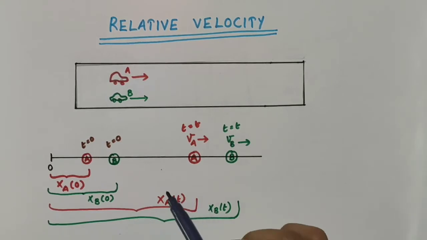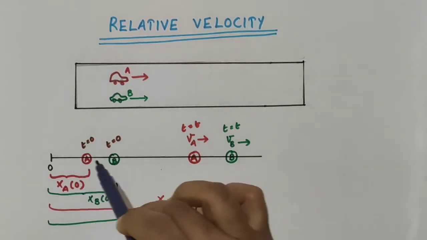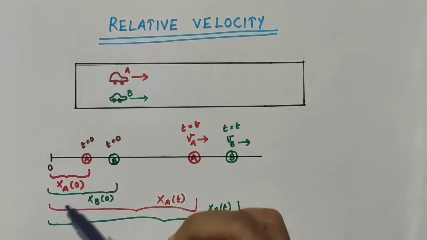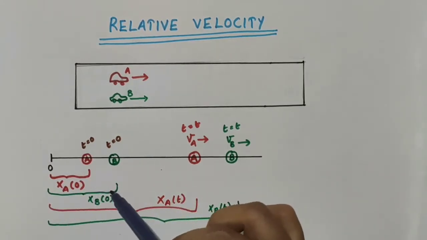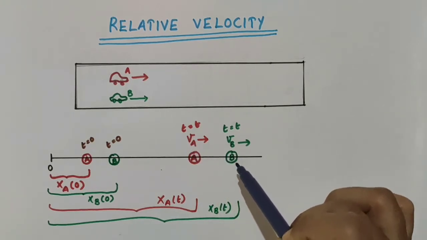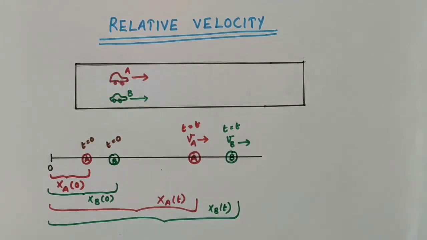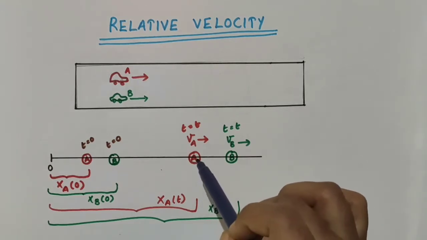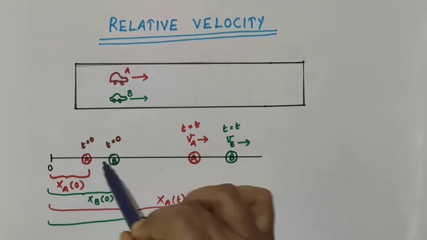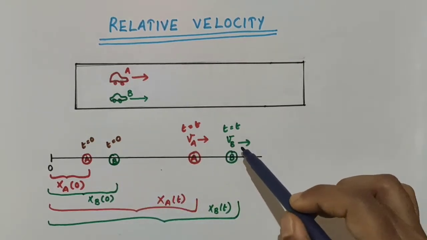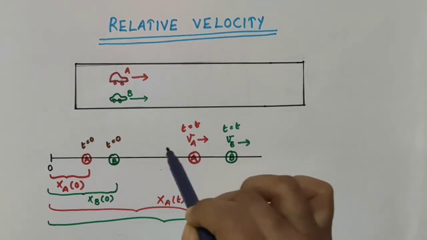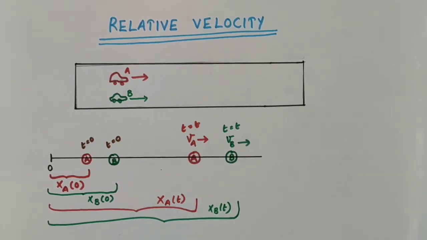Then imagine both these objects A and B started moving uniformly along a straight line. Let A be moving with an average velocity va along the straight line, and let B be uniformly moving with an average velocity vb along this straight line.